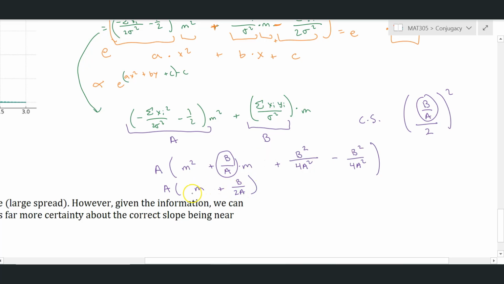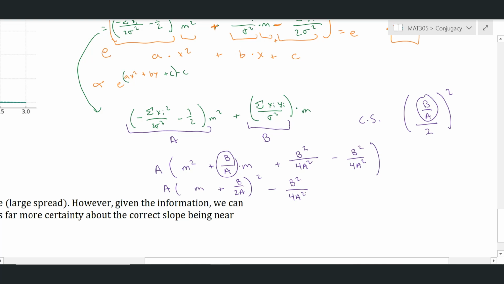And notice that if you square that, if you FOIL this out, you'll get m squared plus 2b over 2a times m, which will just be b over a times m, that will give us that term, plus this quantity squared, which will be b squared over 4a squared. But then we have this residual term here, which we'll just write minus b squared over 4a squared.